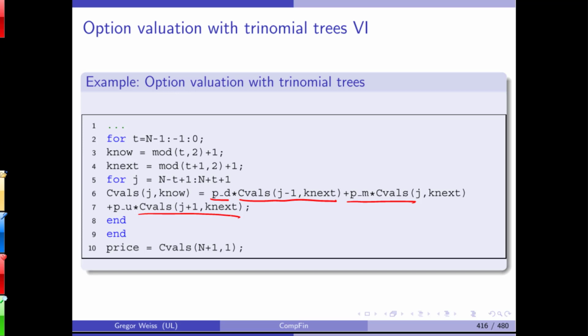You do know one thing. If you, for example, have 10 points in time, and the stock has gone up 5 times, and it has gone down 4 times, how many times has it stayed the same? 1 time. So you don't need that additional information. And again, we get the price here.